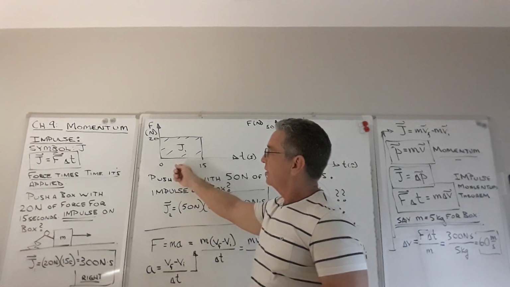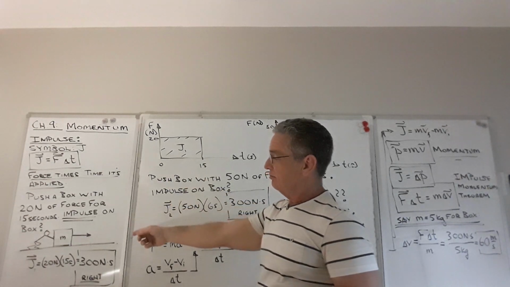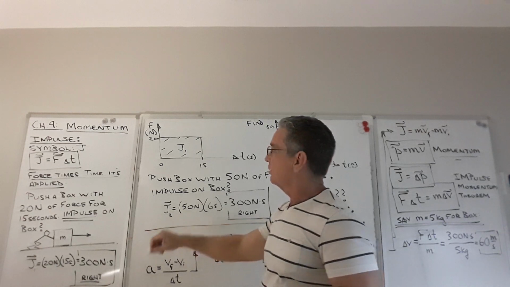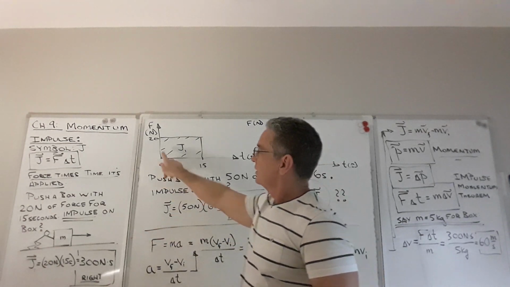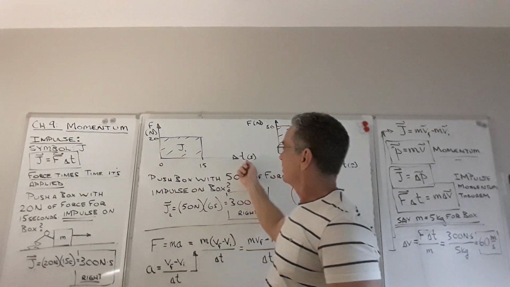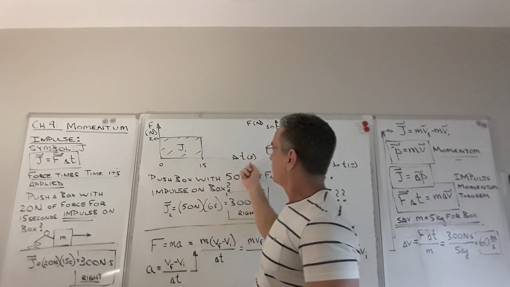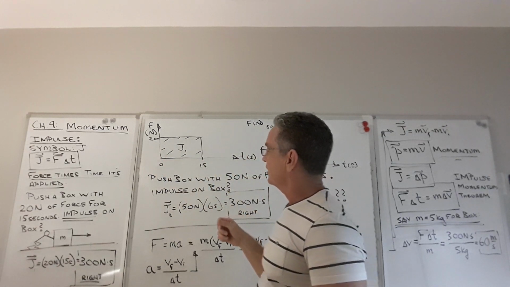Now, this graph represents the impulse exerted on the box in this problem that I just talked about. So notice that I've got force on the vertical axis and time on the horizontal axis. Vertical axis, force is measured in newtons. Horizontal axis, time is measured in seconds.